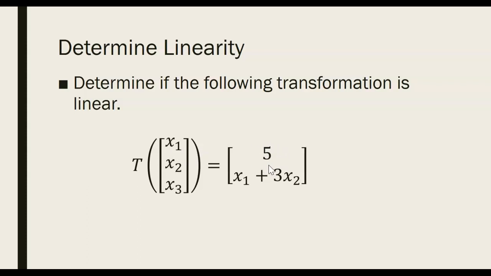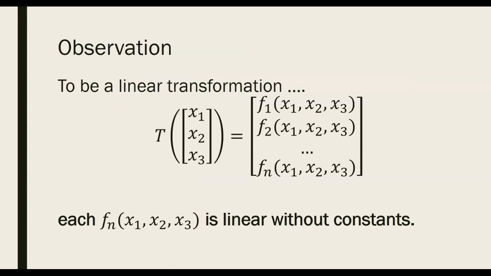And so if ever you have a constant number laying around, or if you had like 5 plus x1, because that 5 is not the coefficient of any entry in your input vector, it is not going to be a linear transformation. And so that's the observation I want you to make. It took us a long time to get there, but this is the observation we want to make.